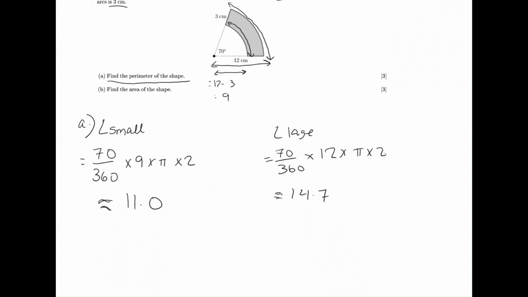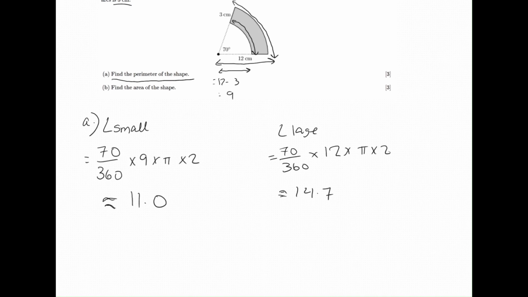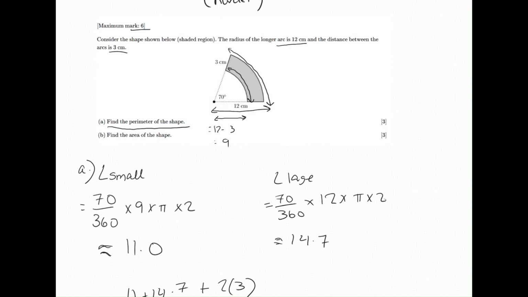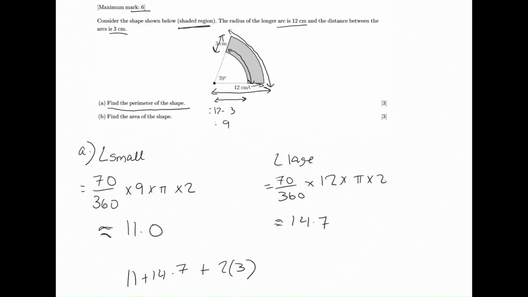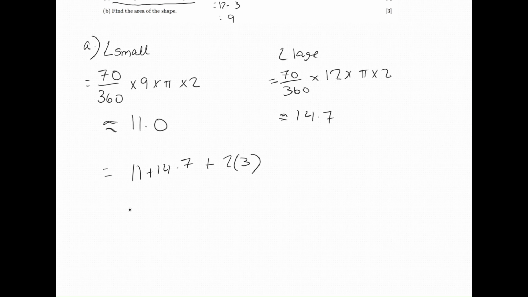And so the total perimeter of the shape will be 11 plus 14.7 plus 2 times 3, as you're calculating this and this and that and that. This will give you together 31.7 centimeters.